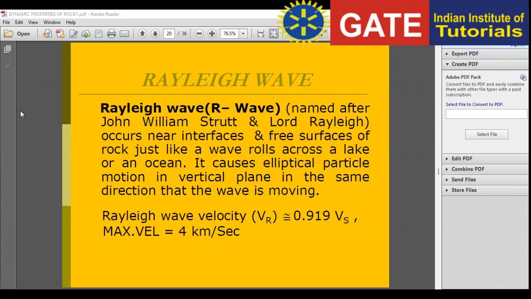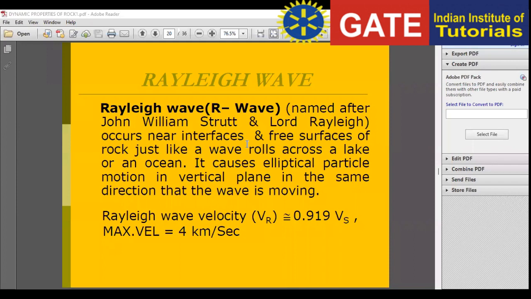So next surface wave, the first one, is the Rayleigh wave, or R wave, named after John William Strutt, Lord Rayleigh. It occurs near the interfaces and free surface of rock, just like waves rolling across a lake or an ocean.